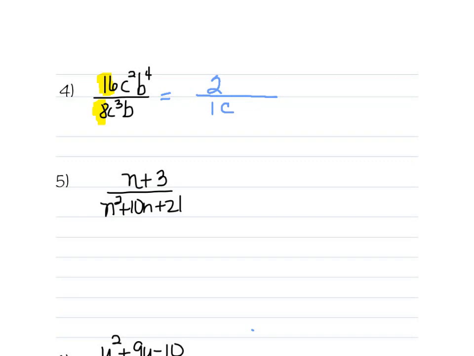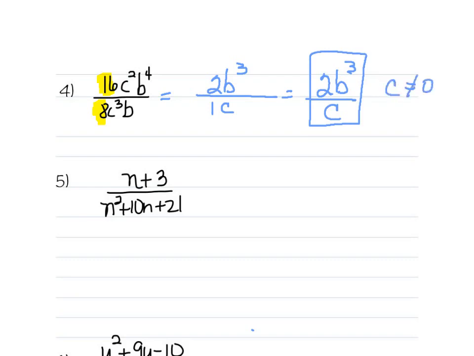B to the fourth, reducing by b, I have b cubed. Okay, so to simplify this, I'd have 2b cubed over c. That's my simplified form. And my excluded value is c cannot equal 0.